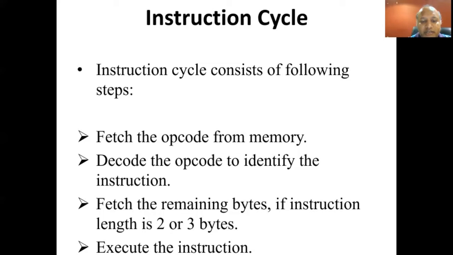Address information is sent out on AD7 to AD0 only during T1. In the T2 state, the 8085 stops sending out the address and tri-states AD0 to AD7. It expects that the memory chip should now drive the AD0 to AD7 pins with the opcode.